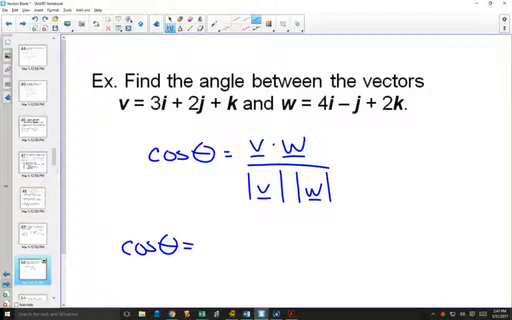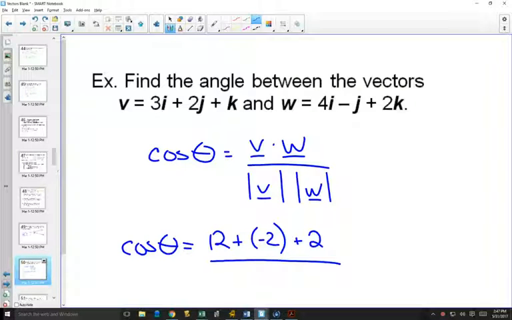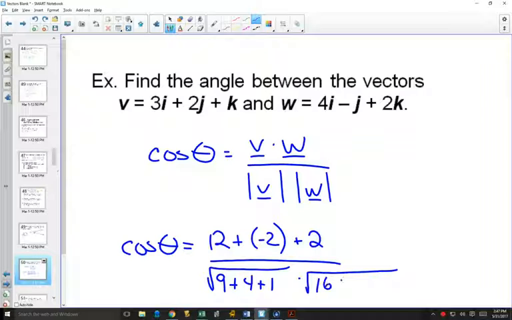It's going to be 3 times 4, which is 12, plus 2 times negative 1, which is negative 2, plus 1 times 2, all over the length of v, which will be the square root of 3 squared plus 2 squared plus 1 squared. And the length of w will be the square root of 4 squared plus negative 1 squared plus 2 squared.